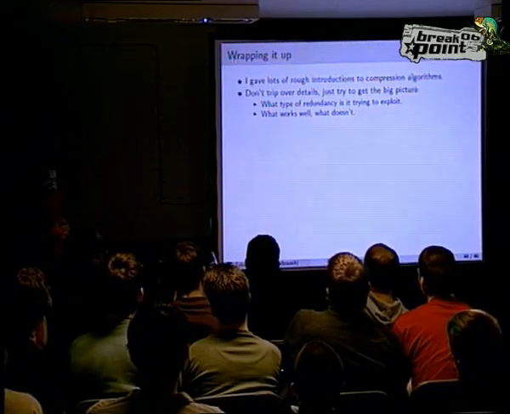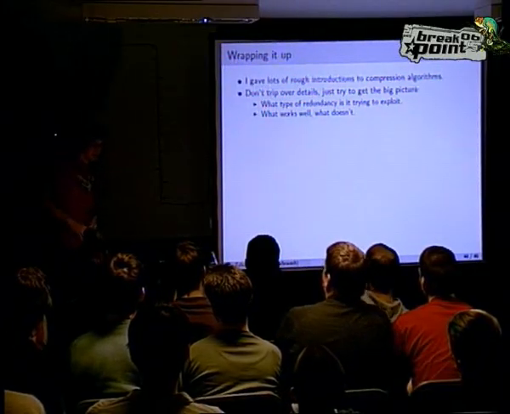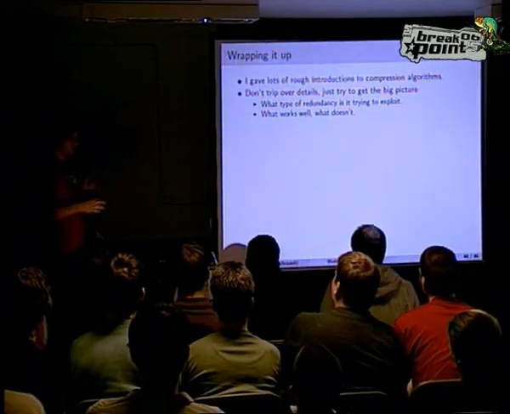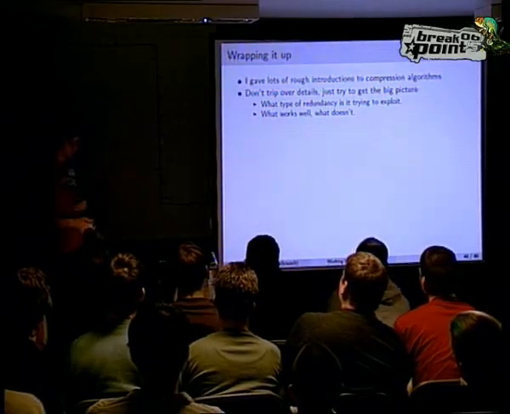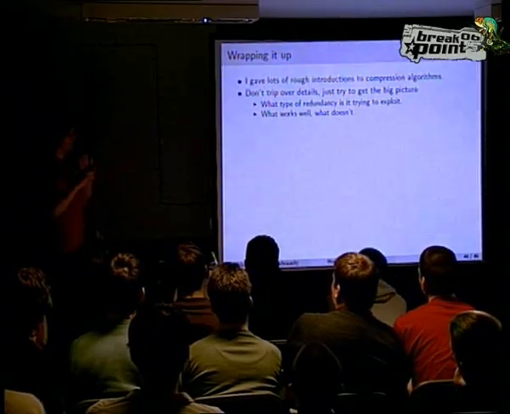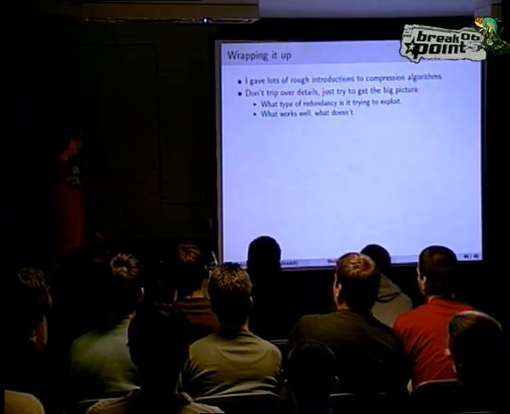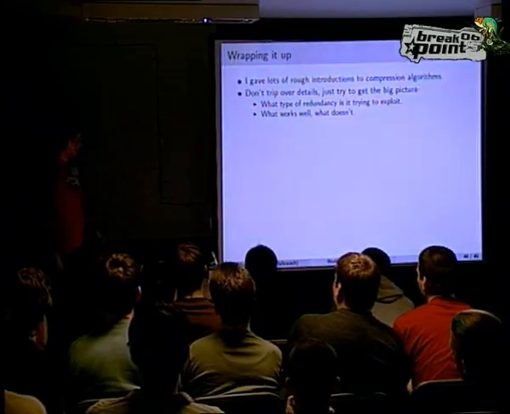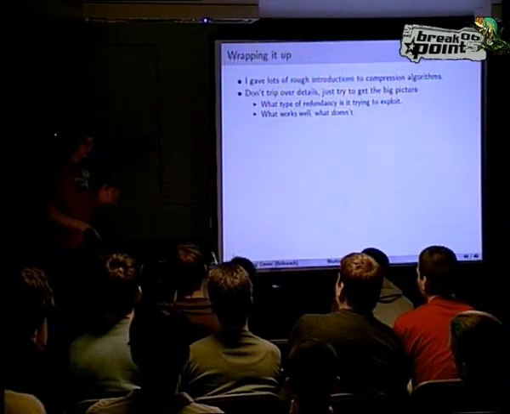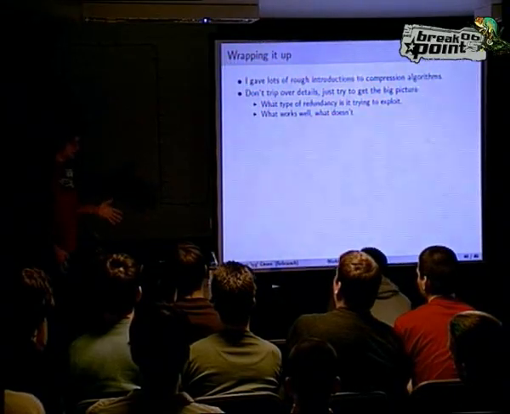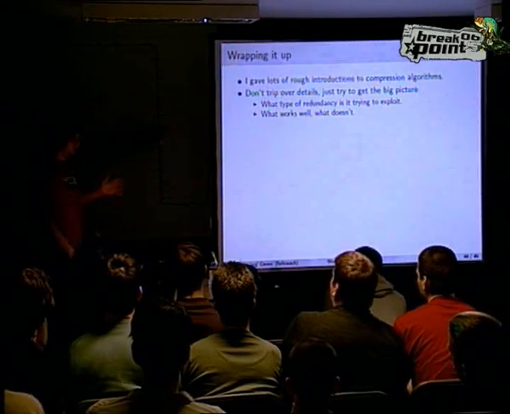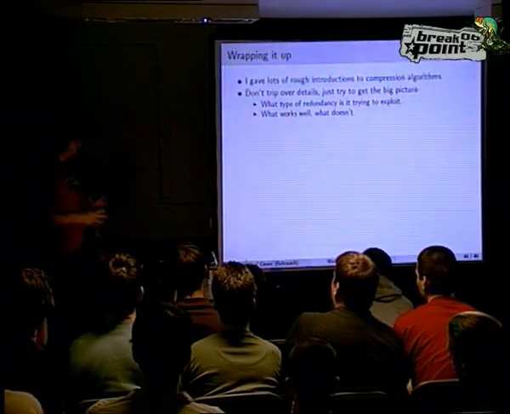I gave you lots of rough introductions as to how different compression algorithms work, what they are trying to do, and it's not that important that you understand all the details. If you look at most compression papers, they are terribly hung up in the details, but they don't actually tell you what it is trying to do. For example, this code reordering thing, that was not my idea.